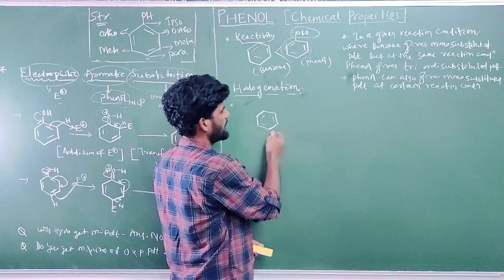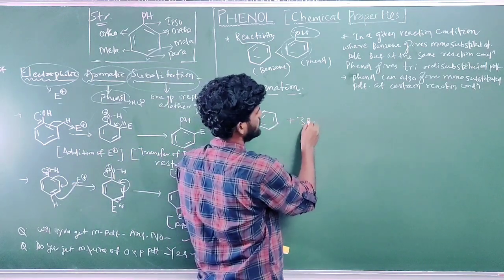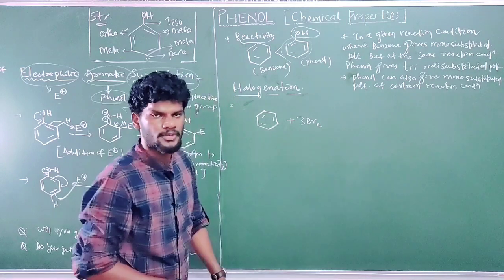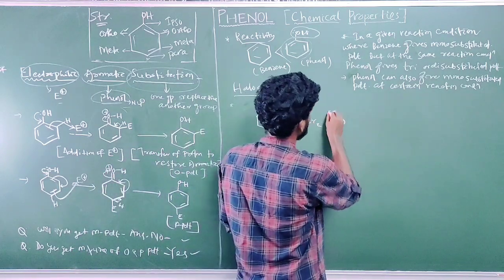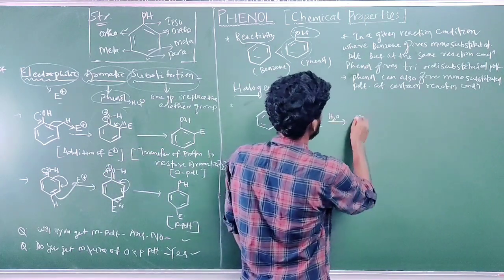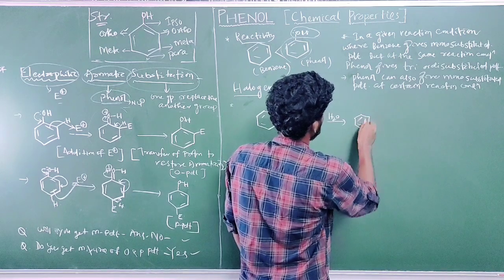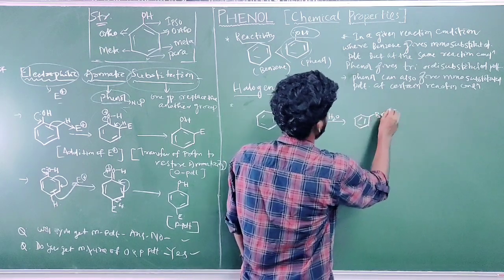So if there is benzene and we are giving 3 moles of Br2 in water as a solvent, we will get a monosubstituted product because of less reactivity.